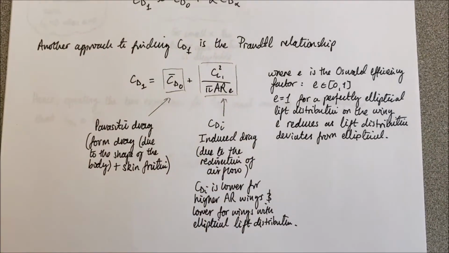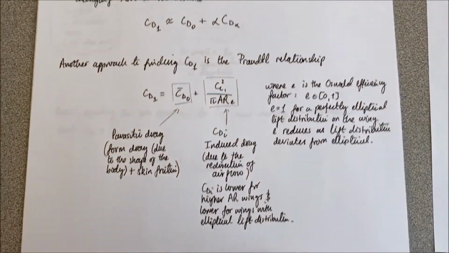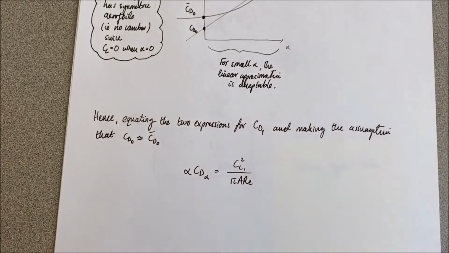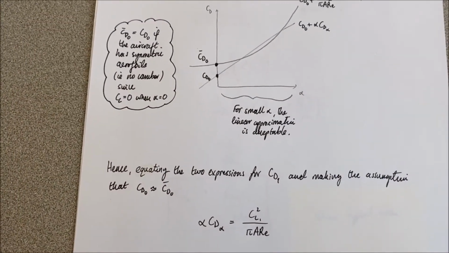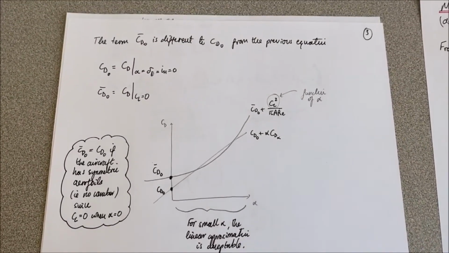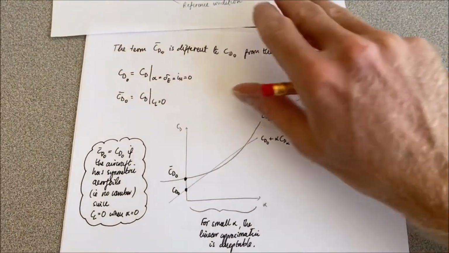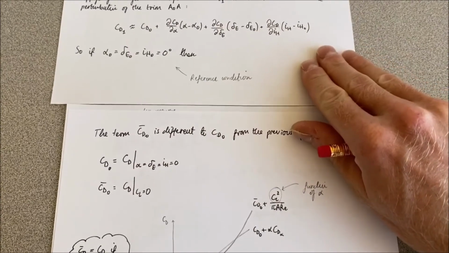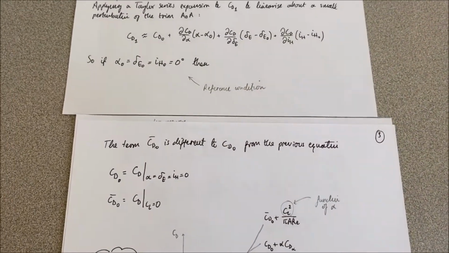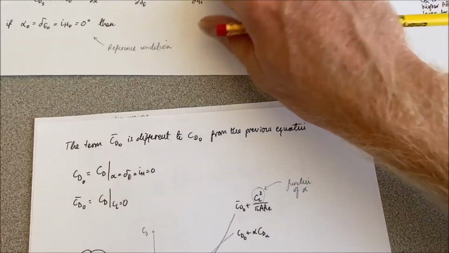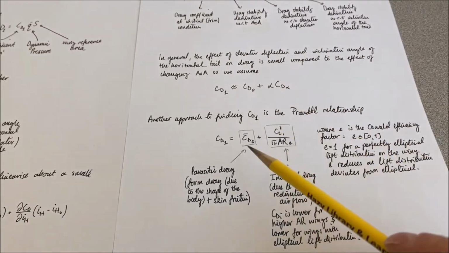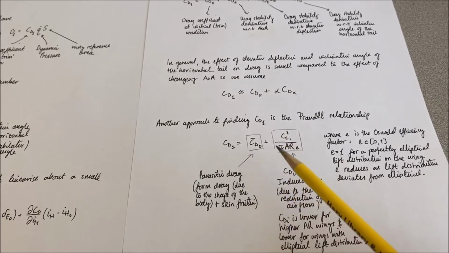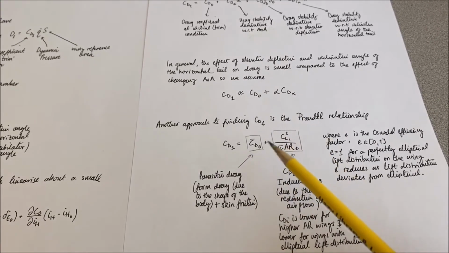So where do we go from there? Well, we essentially want to equate our two different expressions for CD1, right? So we had one expression that came from essentially the definition of our stability axis, so namely this one, and now we're going to have another expression for CD1, and eventually we're going to try to equate these two things.